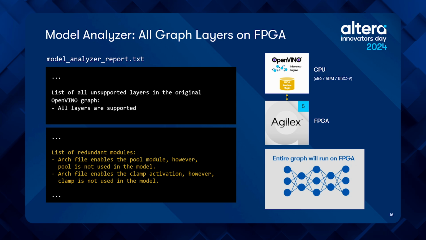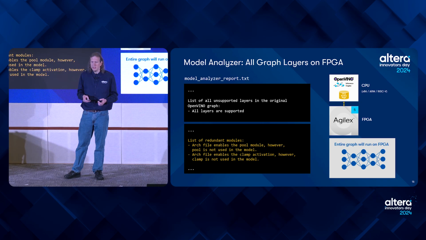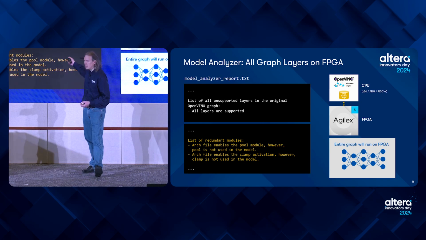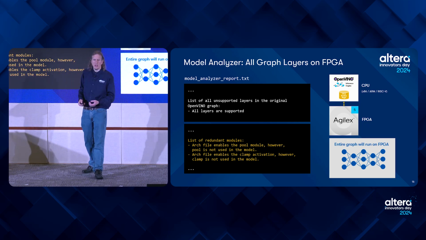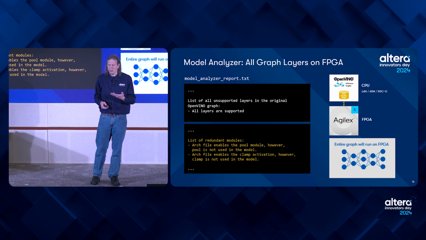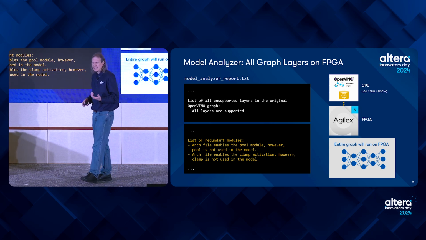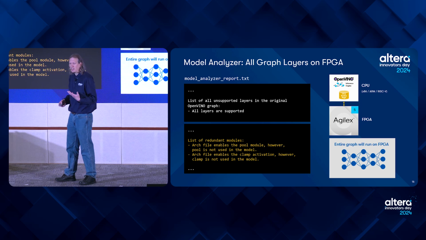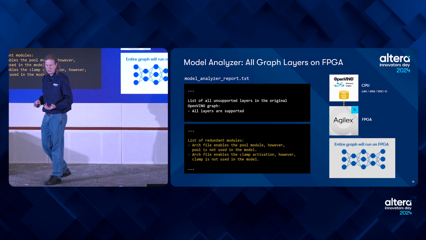The Model Analyzer report also contains a section that lists unused or redundant activation modules. These are activations that are enabled in the Arch file, but which are not used by the graph that we compiled through the compiler. For example, the clamp module is listed as one of the enabled but unused modules.